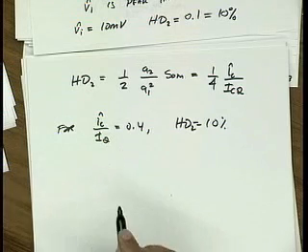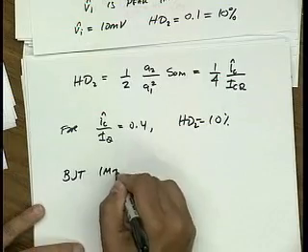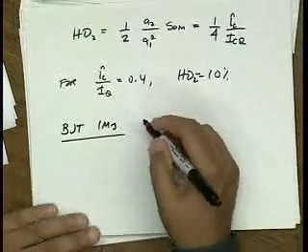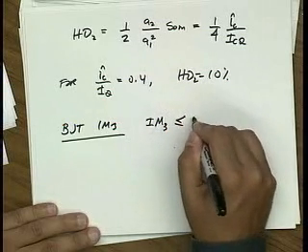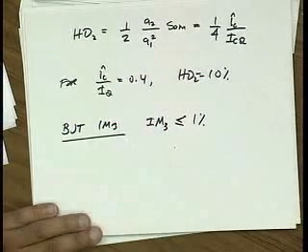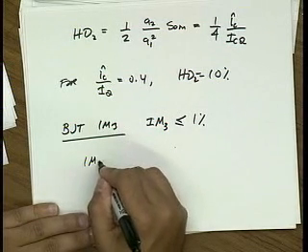Okay. What about IM3, which is more relevant for communications? Let's say I want to build a communication receiver, and I know I can't handle more than 1% IM3. Well, let's solve for IM3 of 1%.